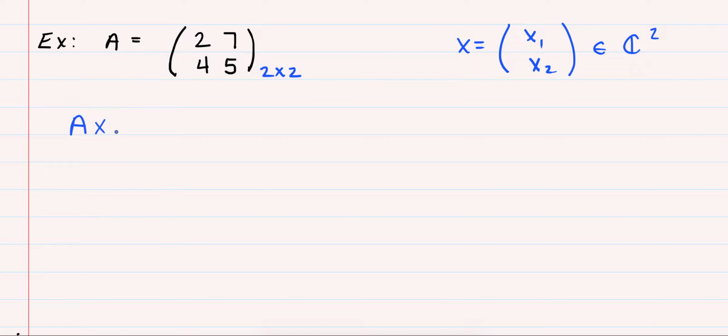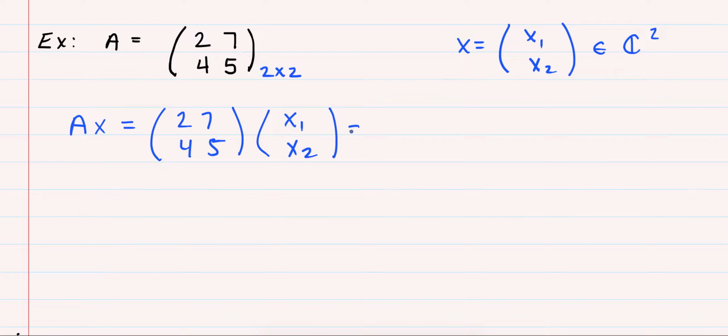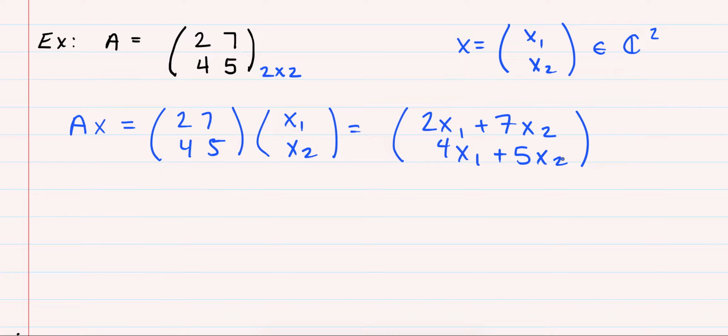If we take A and multiply it with x, we get 2, 7, 4, 5 times x1, x2, which is 2x1 plus 7x2, 4x1 plus 5x2. So we can think of A as a linear transformation from C2 to C2.